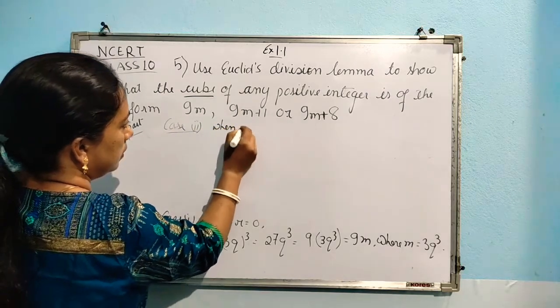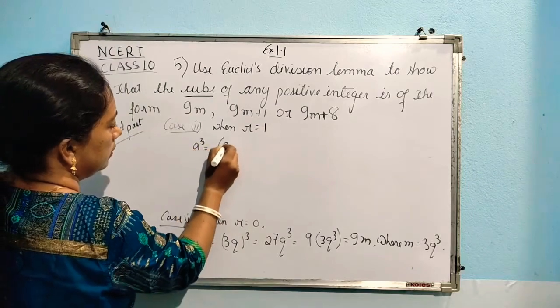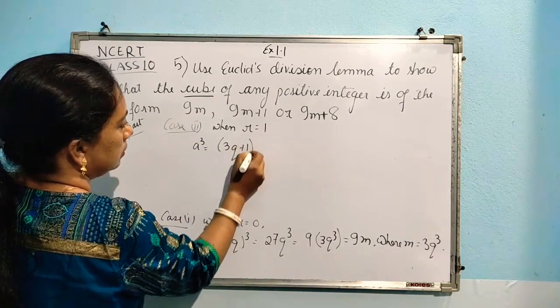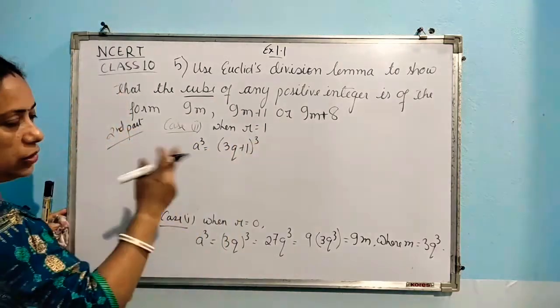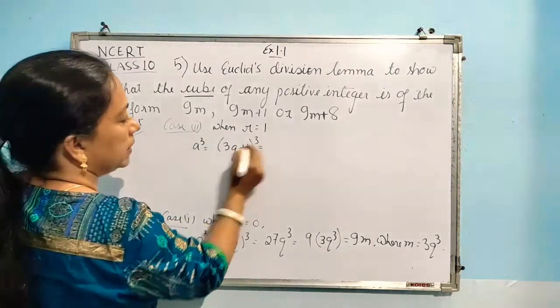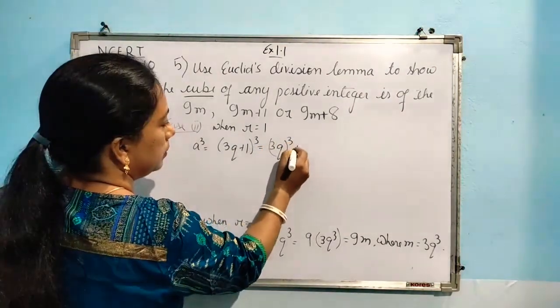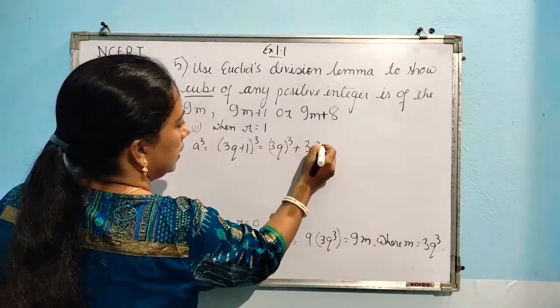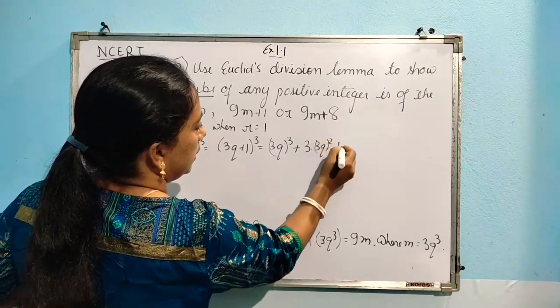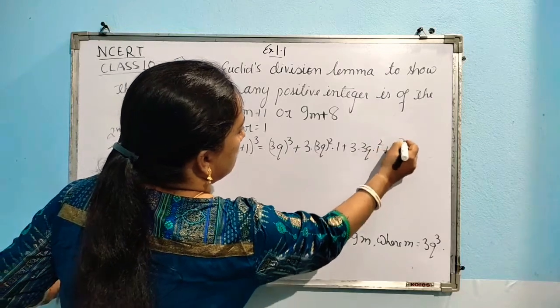Case 2, when r equal to 1, a cube will be (3q plus 1) whole cube. 3q plus r was there, r is equal to 1 means I am taking 3q plus 1. Now (a plus b) whole cube, what was the formula? a cube plus 3a square b plus 3a b square plus b cube.